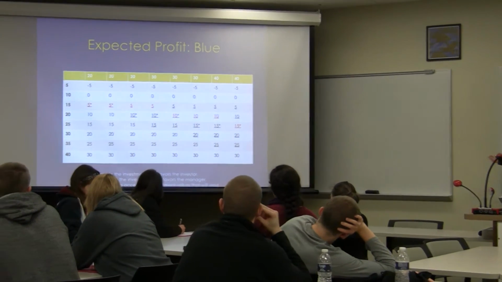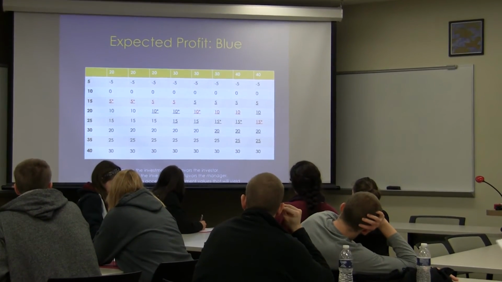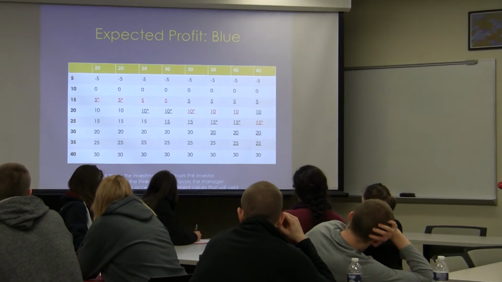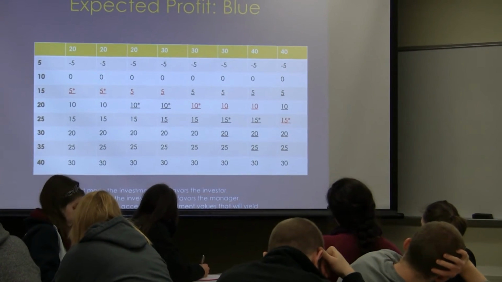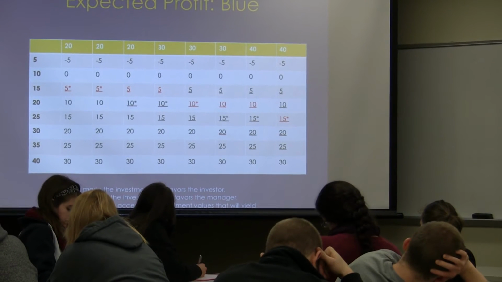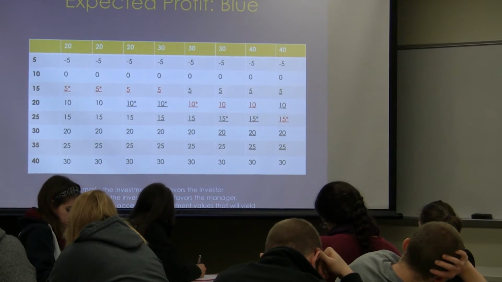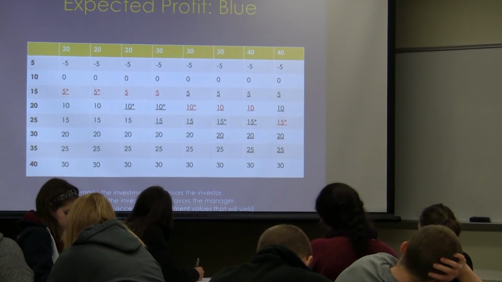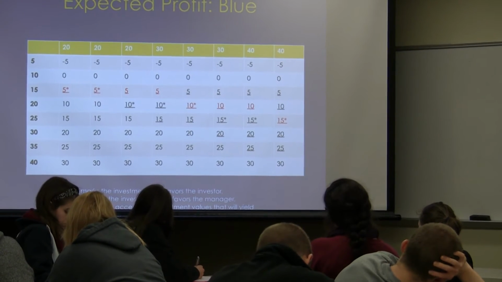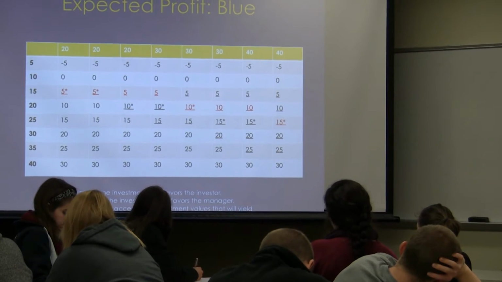So this table is pretty simple. It's like the investor's return on investment table. The profit is calculated just by taking the investment amount and subtracting $10, because that's how much the manager is paying. So the manager would like to have an investment of at least $15 each time, to make a minimum of $5 back.